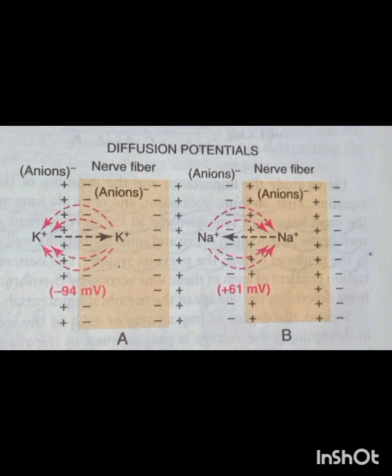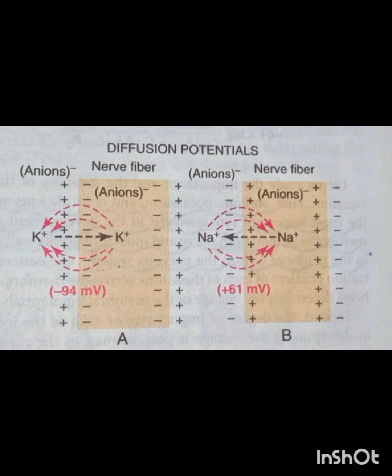Because of a large potassium concentration gradient from the inside towards the outside, there is a strong tendency for the extra potassium ions to diffuse outward. As the potassium ions diffuse outward, they carry positive electrical charges to the outside of the membrane, thus creating electropositivity.